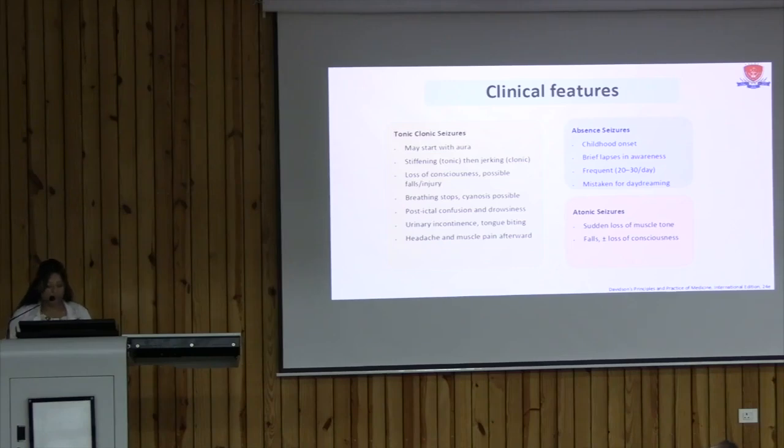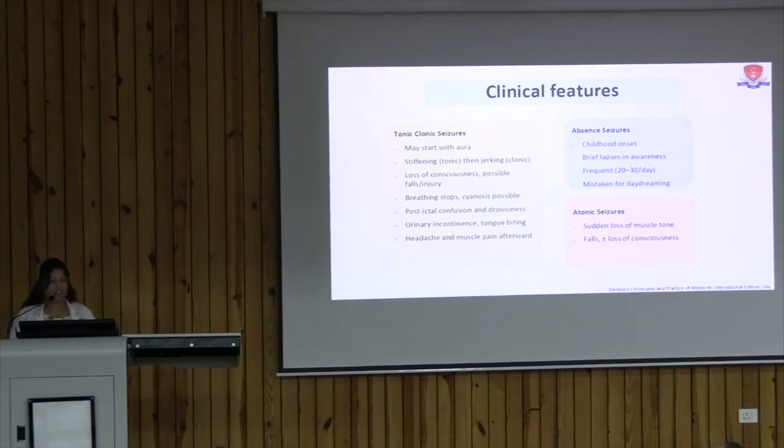Tonic-clonic seizures may begin with an aura and are characterized by an initial stiffening phase, tonic, followed by jerky movements, clonic. Breathing may temporarily stop, causing cyanosis, and the post-ictal phase includes confusion and drowsiness.